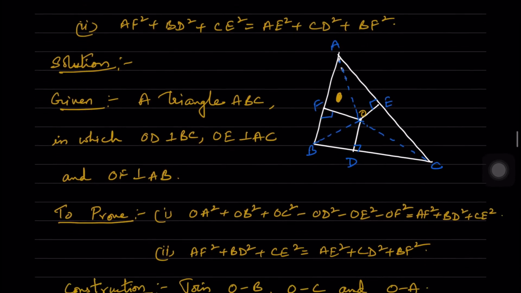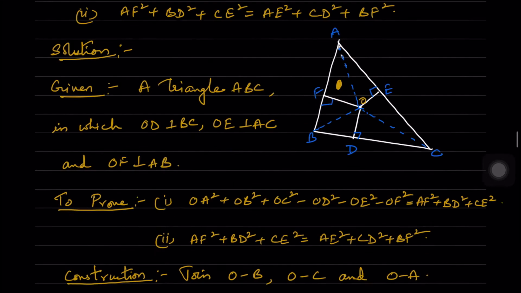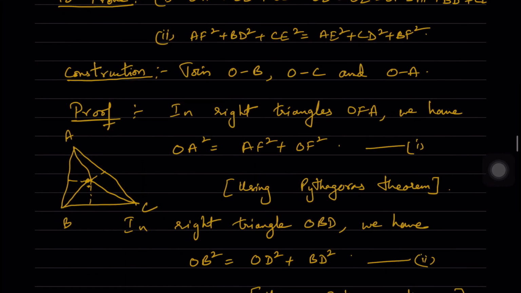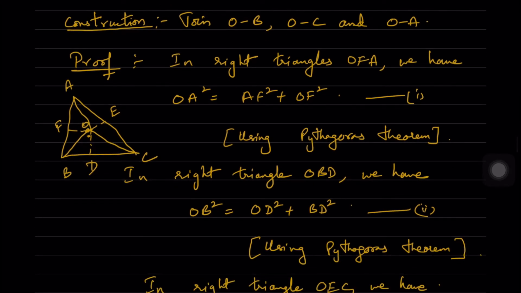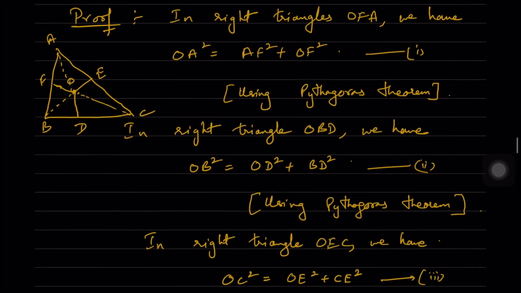You can name this as A, B, C, D, E, F. So now this is O over here. It is a right angle triangle. So in right triangle OFA, we have OA square is equal to AF square plus OF square using the Pythagoras theorem.